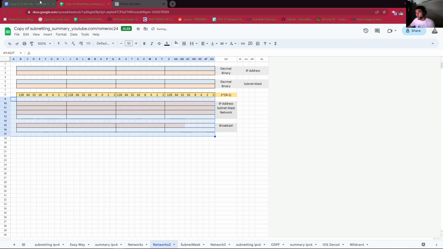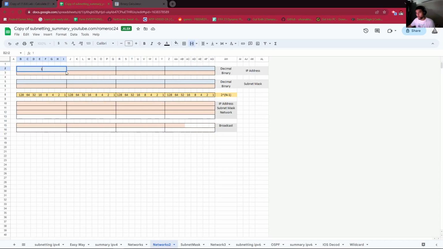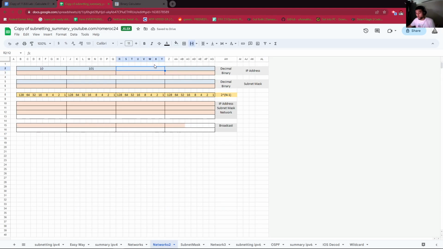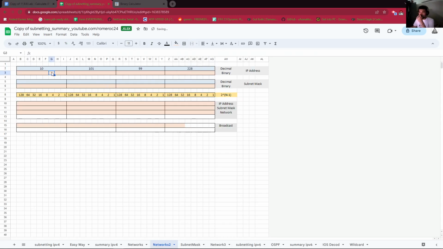So for the network address for the subnet, again go to this, clear this one. We need to put the IP address first. The IP address is 10.101.99.228. So we need to change it into binary.